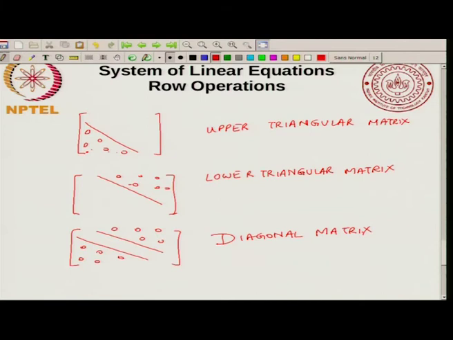Okay. And you can see that whether you have a lower triangular, upper triangular or a diagonal matrix, the determinant for each of these matrices is equal to the product of diagonal elements.